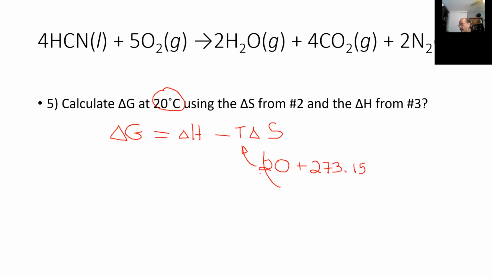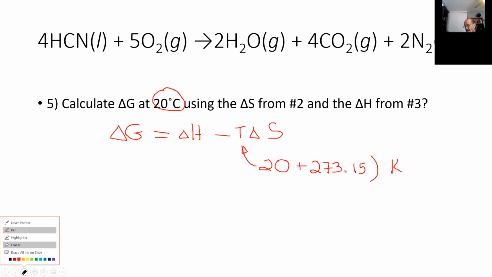Oops, sorry, I put that parenthesis in the wrong place. And this would be the temperature in Kelvin. That's the one you want to use. Don't forget. Let me fix this a little bit here and put this parenthesis where it belongs. There we go.